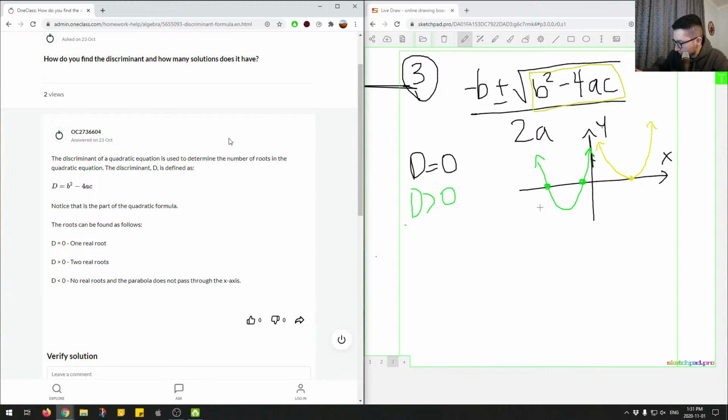We'd have something like that. We can see right here it doesn't pass through the x-axis at all. It's above it. It could also be below it, inverted, like this on the bottom. This is when the discriminant is less than 0. So those are the three situations: one real root, two real roots, or no real roots.